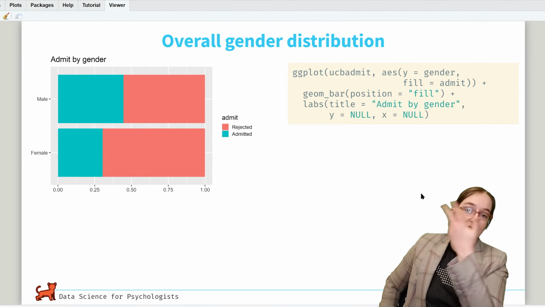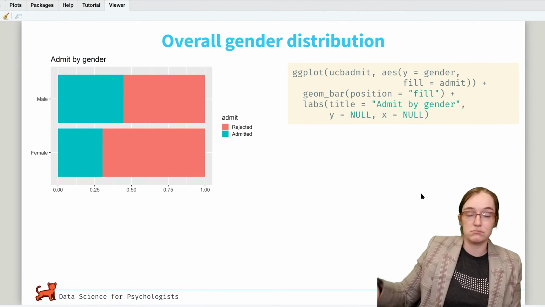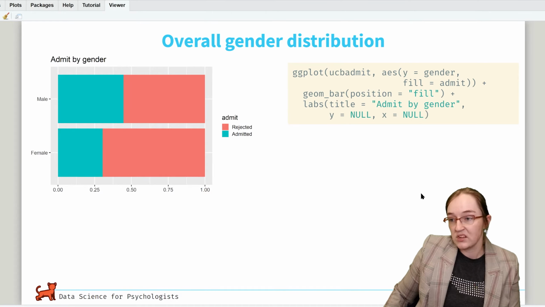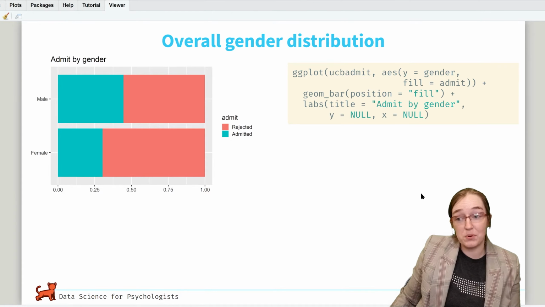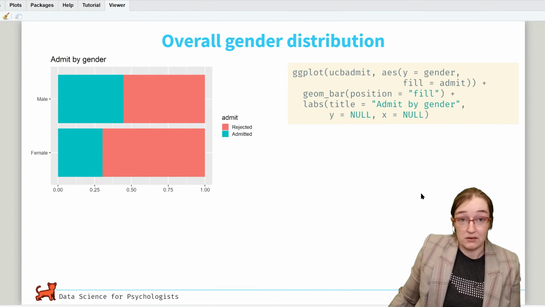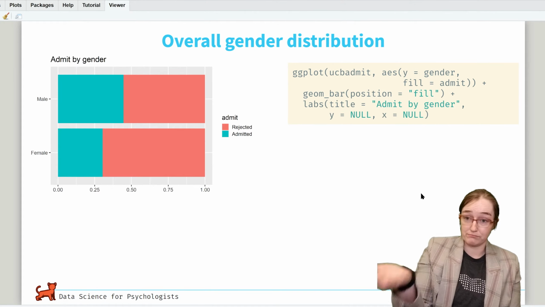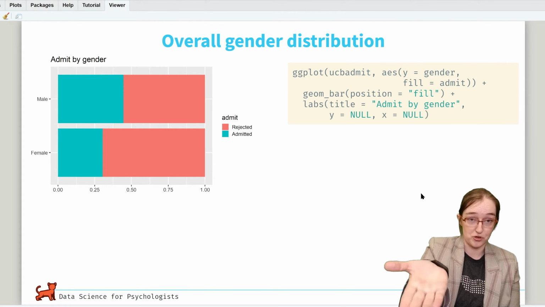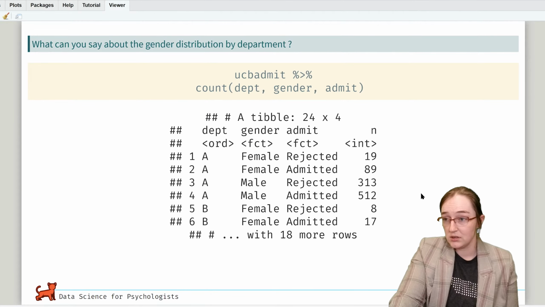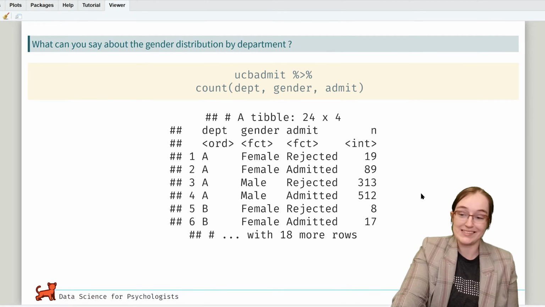And let's look at the overall distribution. I've plotted a plot here where we can essentially see those proportions. We can see the admit rate by gender right here. Enjoy the ggplot code. But what can we say about the distribution of gender by department?